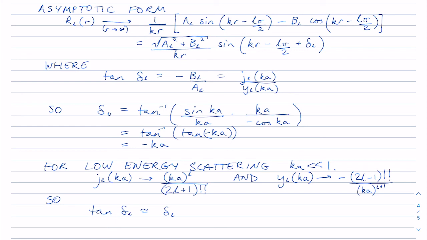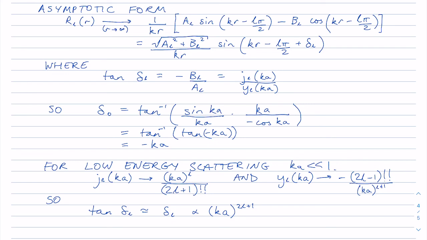So for small values of ka, we're going to get that this ratio of JL over YL is approximately equal to something like ka to the power of 2L plus 1. And ka is small, so tan delta is approximately equal to delta.